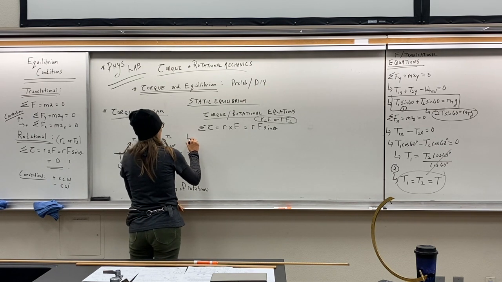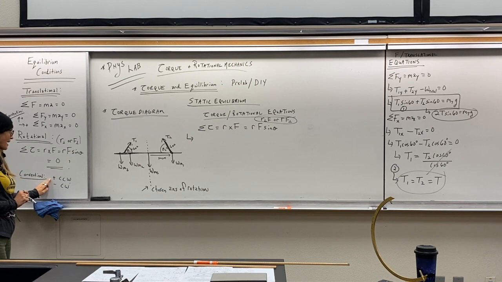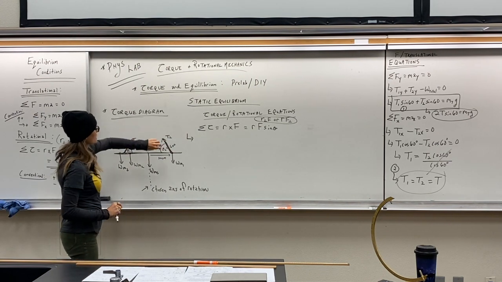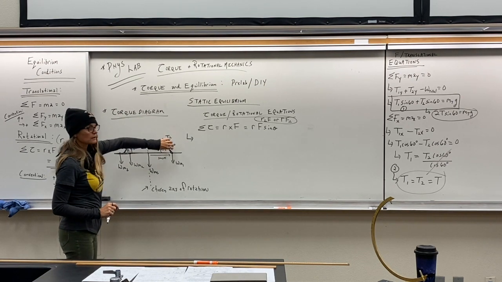So now my convention is if the force I apply causes a counterclockwise motion, it will be a positive torque. If the force I apply on the object produces a clockwise motion, I will have a negative sign. So I want to look at each individual force, like T2 will make it rotate in this direction if it was acting alone.